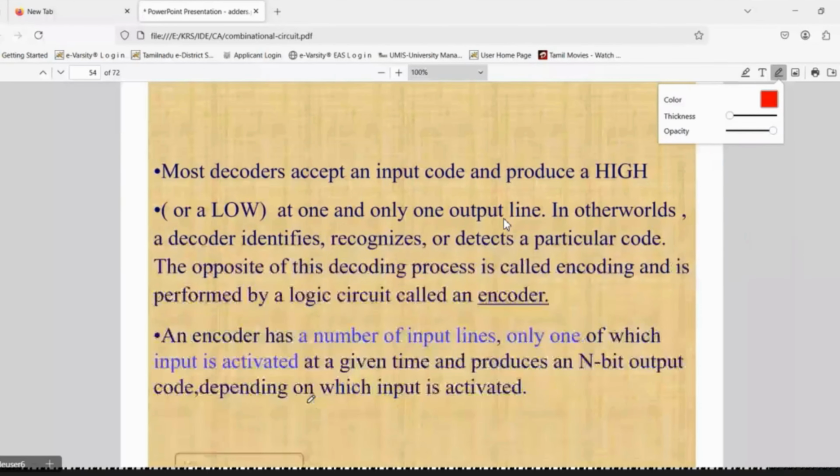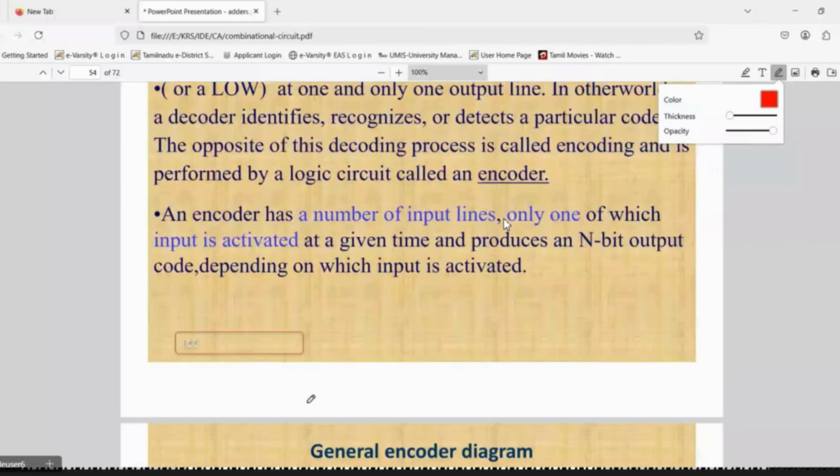An encoder has a number of input lines, only one of which is activated at a given time, and produces an n bit output code depending on which input is activated.